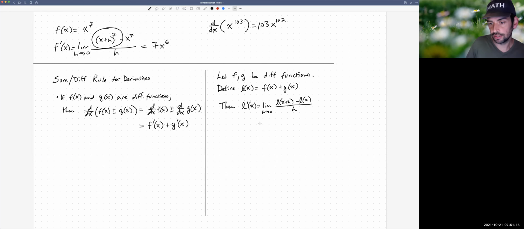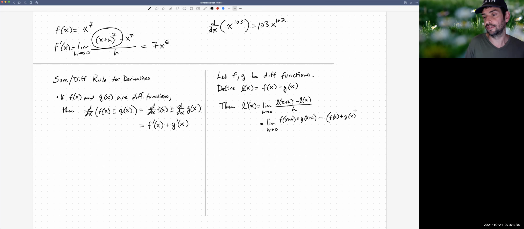So now, what is L of x plus h? Well, the definition of L is that it's the sum of f and g. So this just means f of x plus h plus g of x plus h, then minus f of x plus g of x, all over h.